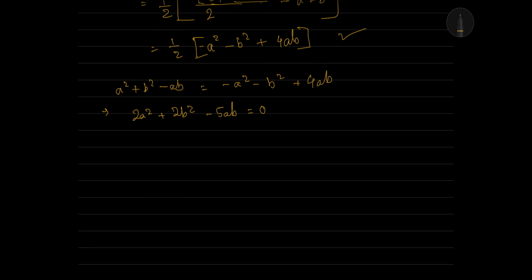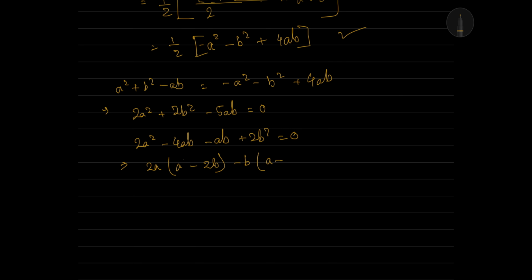So let's solve the equation, that is 2a squared minus 4ab minus ab plus 2b squared equals 0. Taking 2a common, a minus 2b minus b into a minus 2b equal to 0, that is 2a minus b into a minus 2b equal to 0, that is 2a equal to b or a equal to 2b.